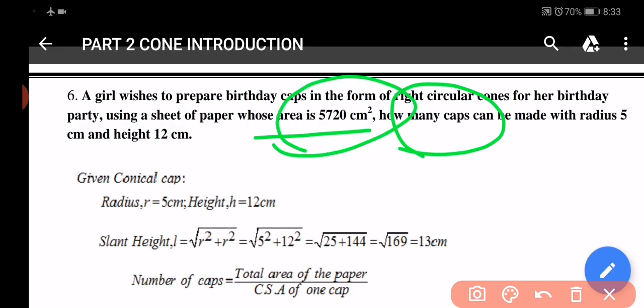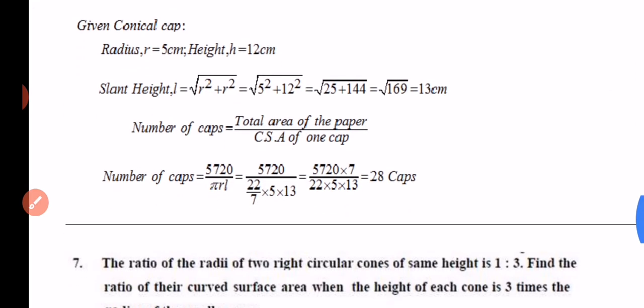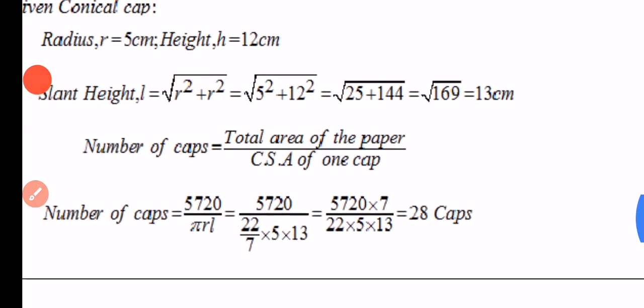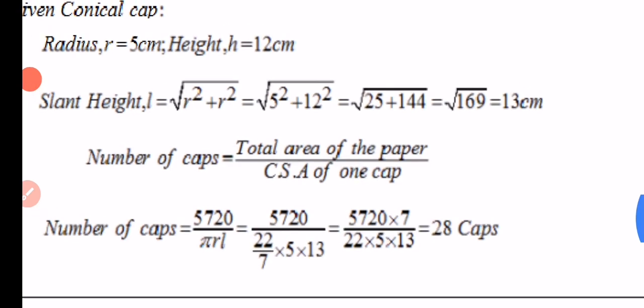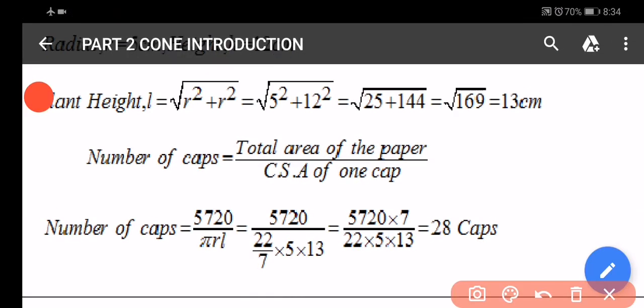Here number of caps is equal to total area of the paper, that is numerator, divided by curved surface area of one cap. So how many caps can be made from the total area of the sheet? Therefore number of caps equal to total area divided by curved surface area of one cap.